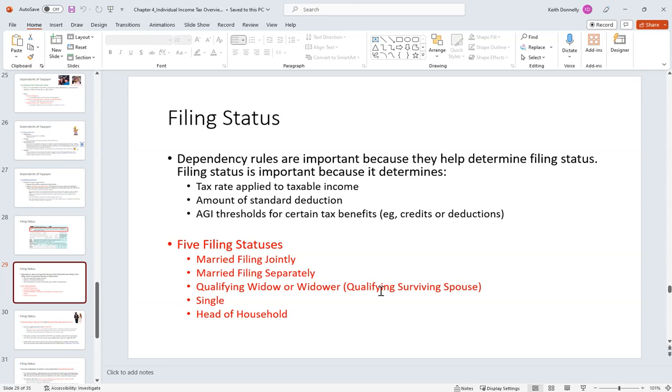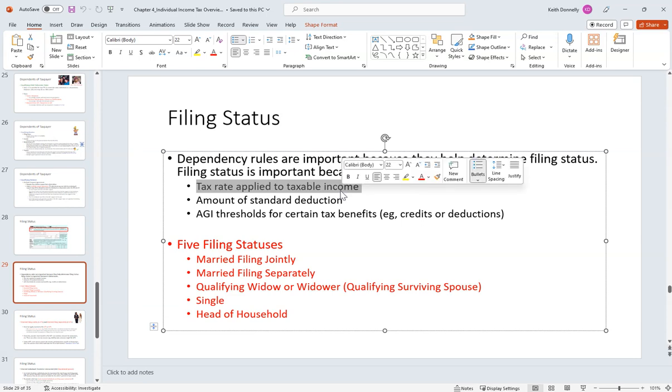So why do we care about filing status? Well, it's going to help us determine the tax rate that gets applied. It's going to help us determine our standard deduction. So if you're single, you get roughly $14,000 for a standard deduction. If you're married and filing jointly, your standard deduction is like $28,000. It doubles.